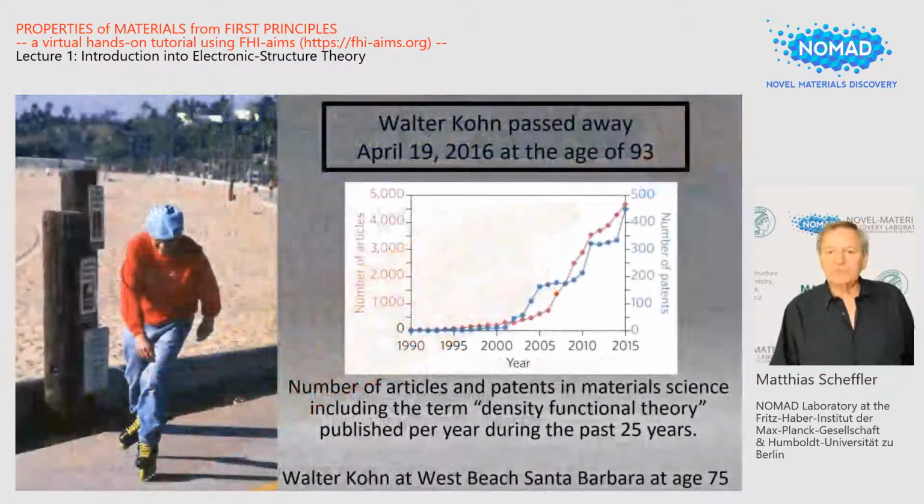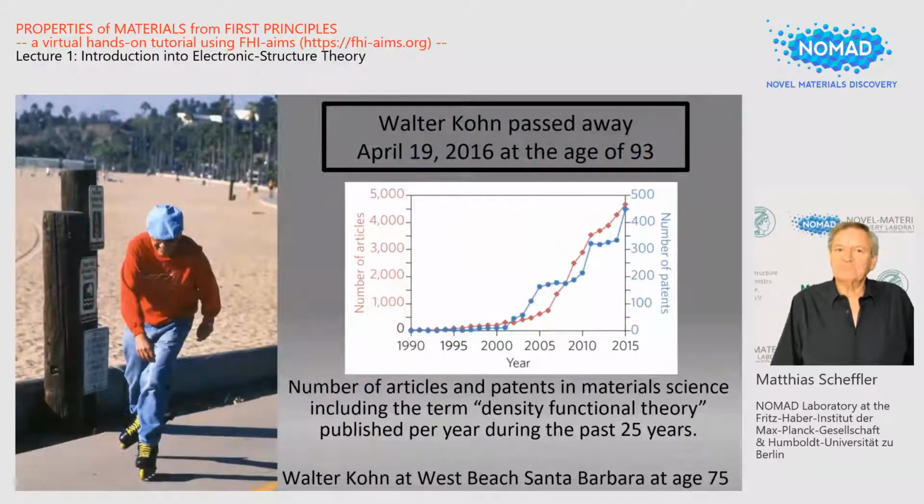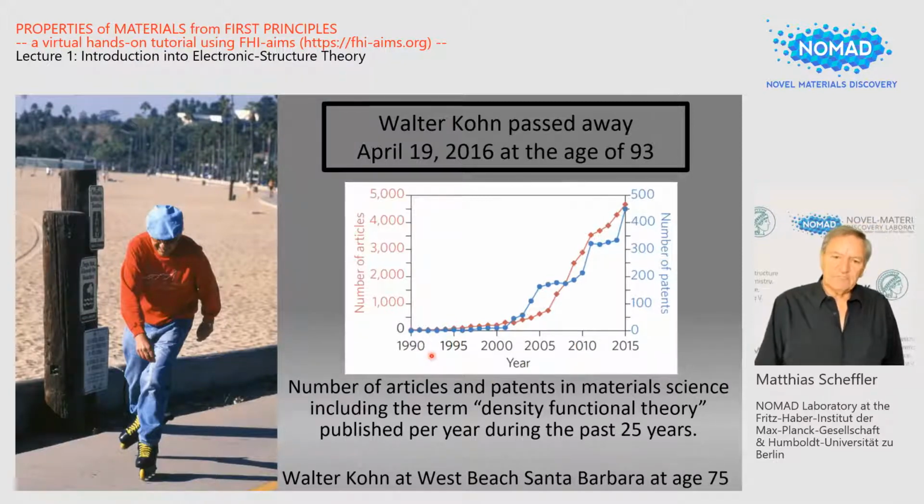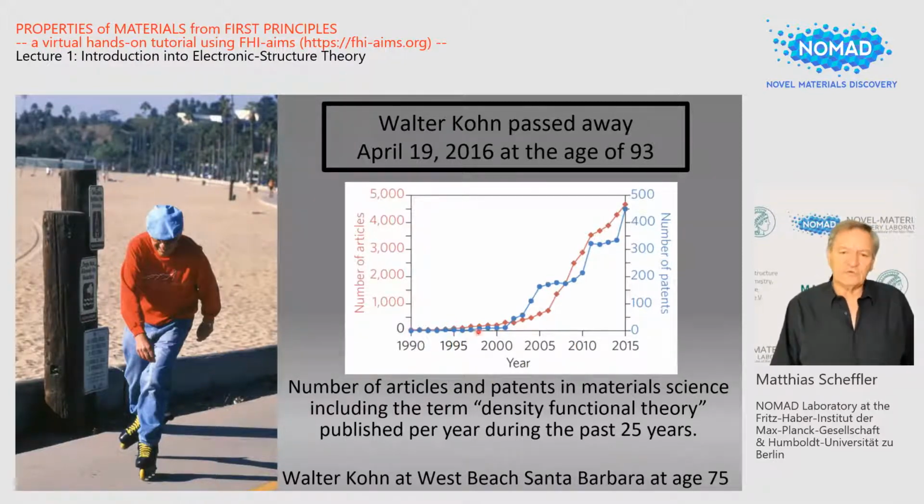Let me conclude this part dealing with concepts of the theory by this picture of Walter Kohn, which shows him at West Beach, Santa Barbara. That is where he lived at age 75. He died, in fact, in April 2016 at an age of 93. What you see here is the picture showing the success story of density functional theory.